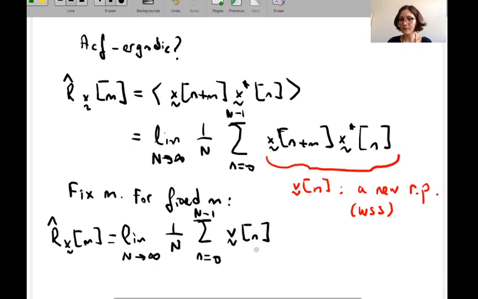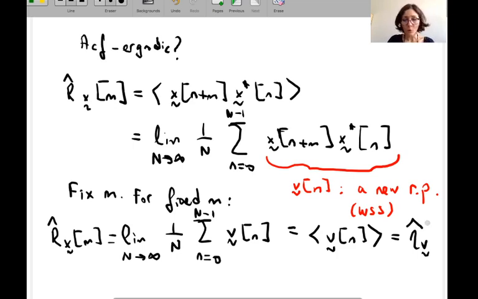But now, from the perspective of the new random process Vn, what is this? You're taking samples from Vn, adding them up, averaging over time. This is the time average estimate of the mean of this new random process, right? So we could actually rewrite this thing as v of n, the time average estimate, or if you prefer the other notation, this is the estimate of the mean value of the random process.